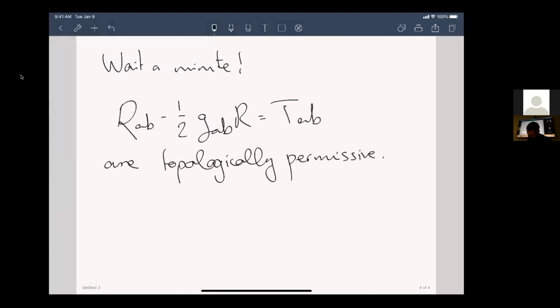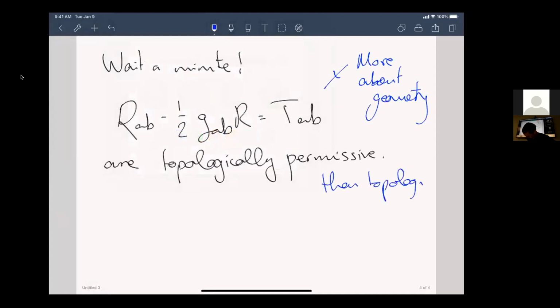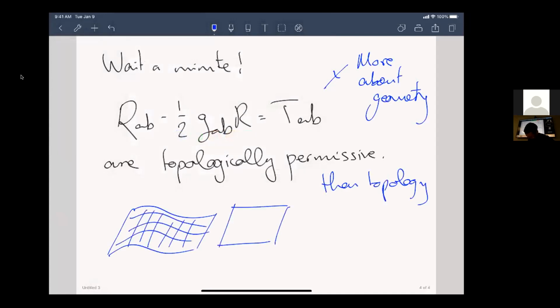That means these equations are more about geometry than topology. And what does that mean? Well, geometry is the science of things that distinguishes the following kinds of things. So these are geometrically distinct, but topologically identical.